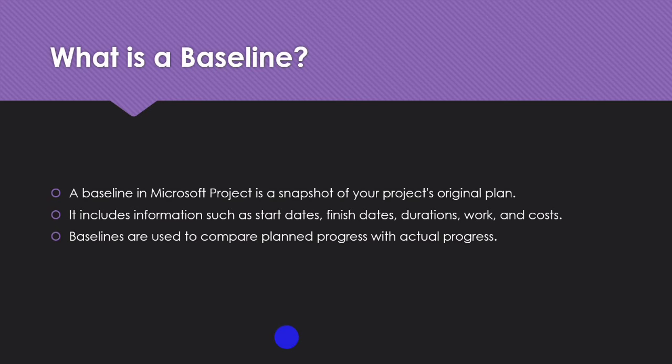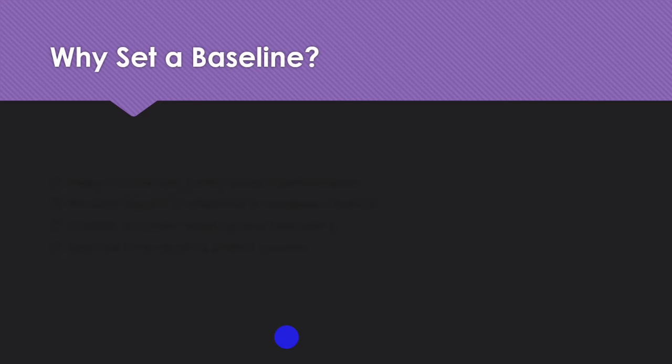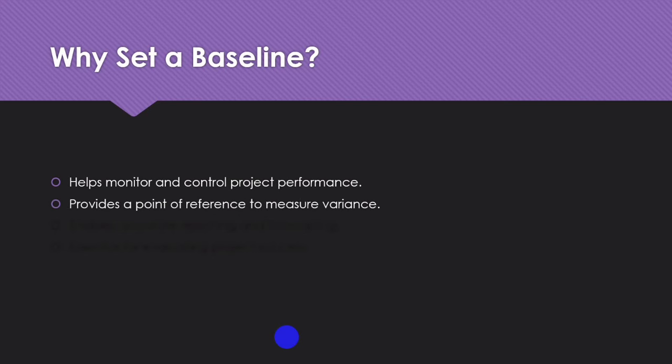Now, why do you set a baseline? Setting a baseline is one of the most practical ways to manage project expectations. It helps you identify if you are ahead or behind schedule, or if you're overspending.